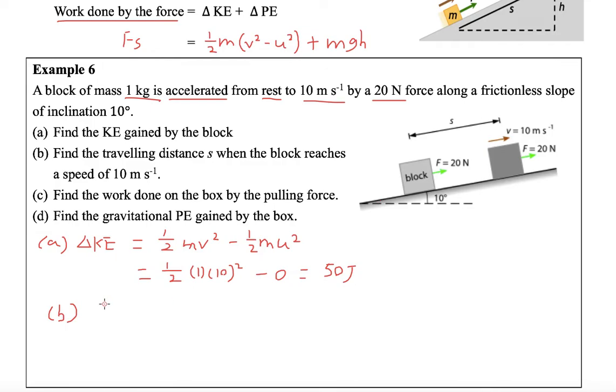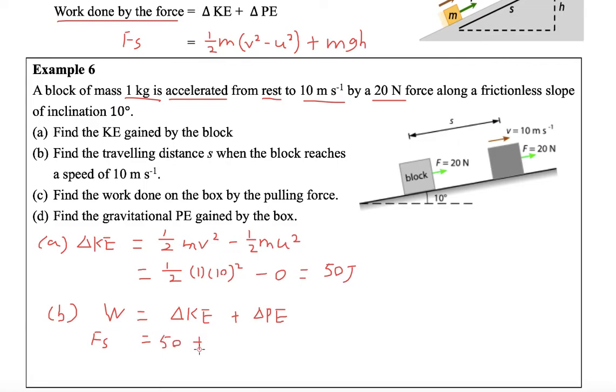So you can list the relationship between W, KE, and PE, where the work done equals the change in KE plus the change in PE, which is the same case introduced above. The work done here is Fs. F is 20 Newton, and yes, you need to find this s. The change in KE you have already calculated in part A, which is 50.